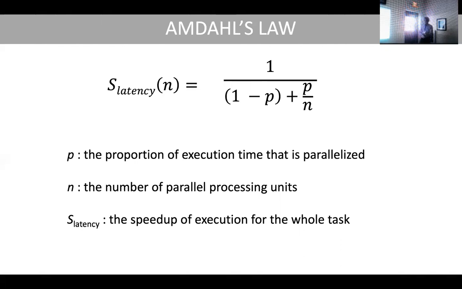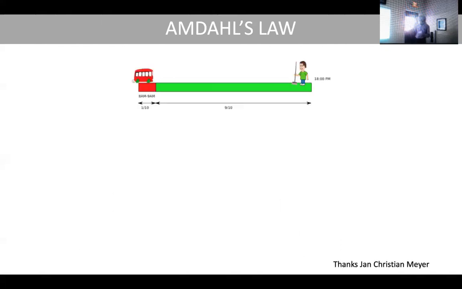I got these from John Christian Meyer. Let's say your job is to clean people's houses, and you go an hour to get to the location, and it takes you 9 hours to do it. Altogether, it's going to take you however long that is to do it.